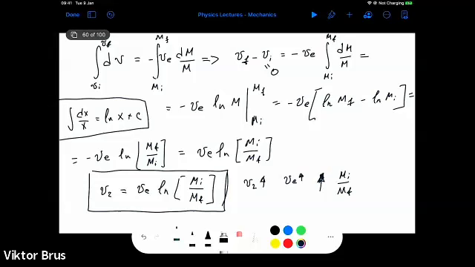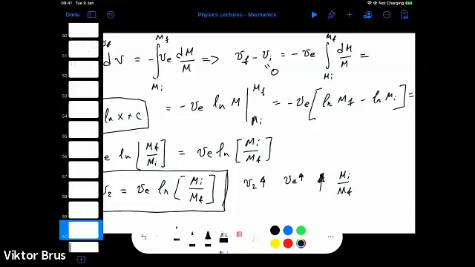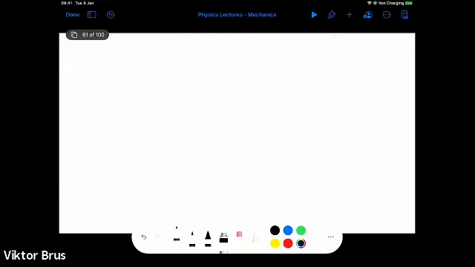Also, we can check for the force which is exerted to the rocket by these exhausted gases. So if we come back to this equation, m dv equal to minus v_e dm, we can rearrange it.